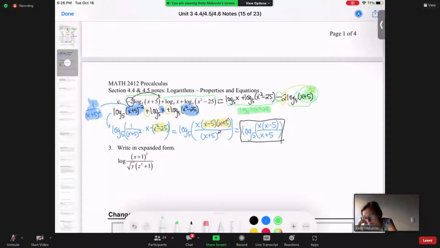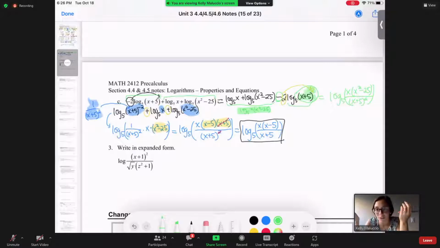So I'll rewrite that. We'll say this equals log base 5 of x times x squared minus 25 over x plus 5 squared.